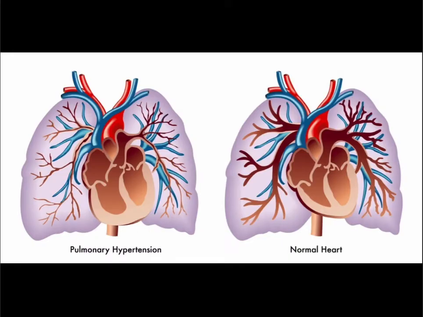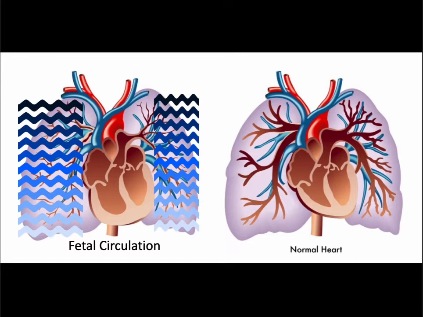You can think of fetal circulation as being similar to adult pulmonary hypertension. So in fetal circulation, your lungs are going to be filled with fluid. You'll have a back pressure of blood into the pulmonary arteries. You'll get vasoconstriction and arterial wall thickening.